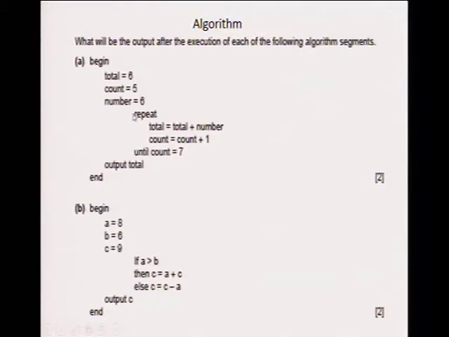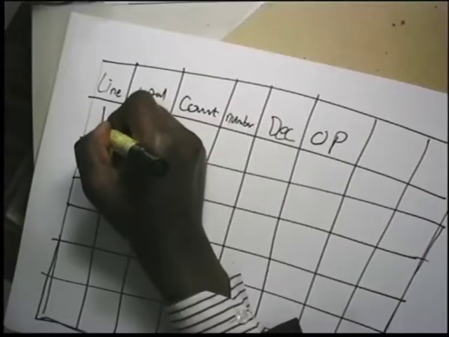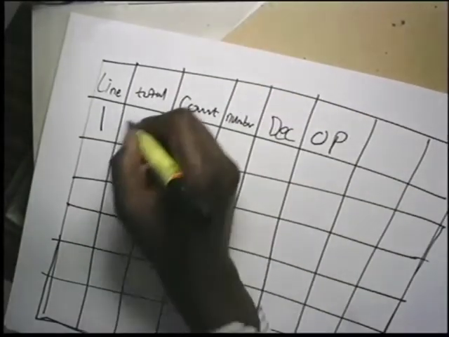Please take note. You don't number repeats. You number this one again, so this is 1, 2, 3, 4, 5, 6, 7. You don't number repeat. It's just there to guide your program. So you start 1. Total is 6.